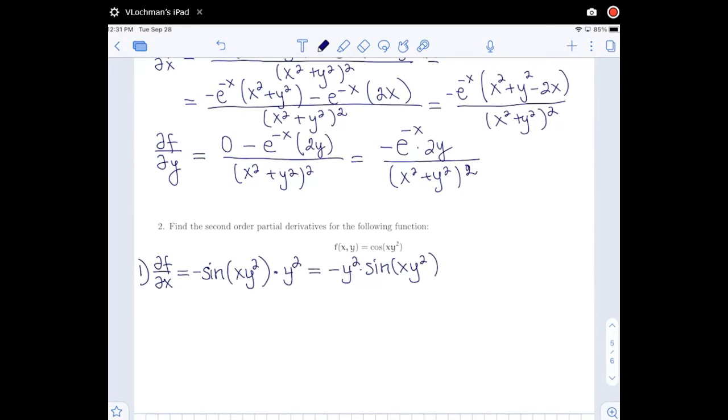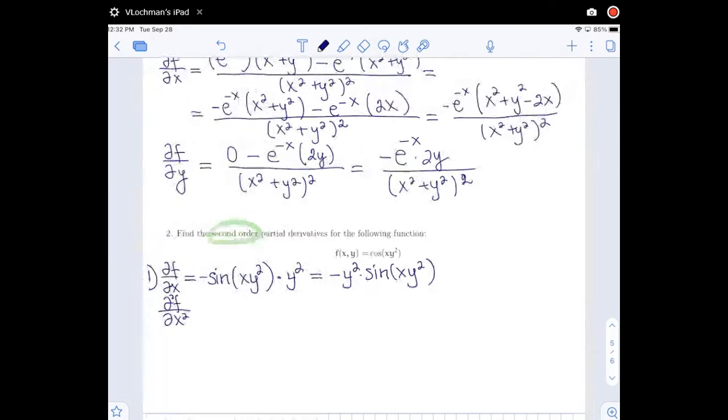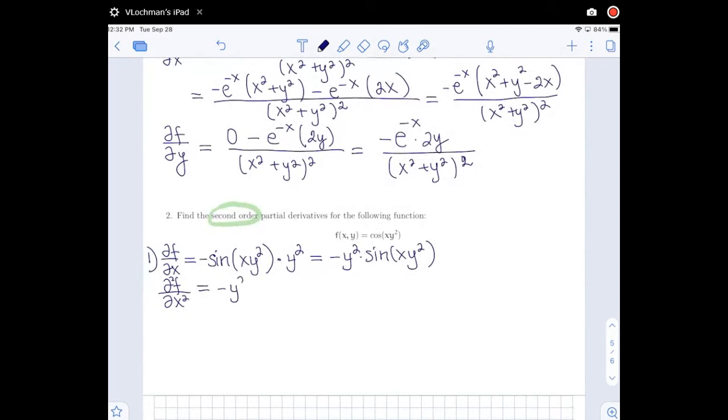Now, because we're asked to find second order partial derivatives, we're going to compute the second one, d squared f dx squared. Now we're going to take this expression and differentiate it again. y is a constant, so we can just treat it as that. That's a constant, negative y squared.